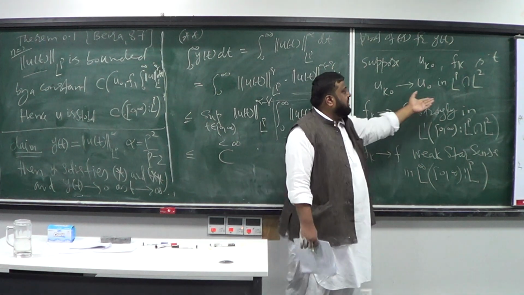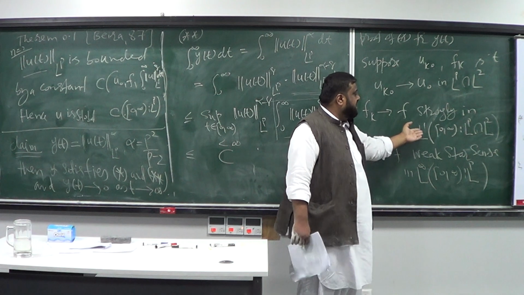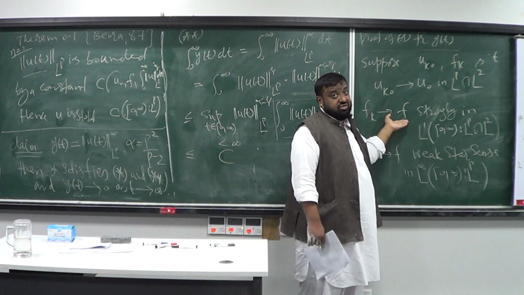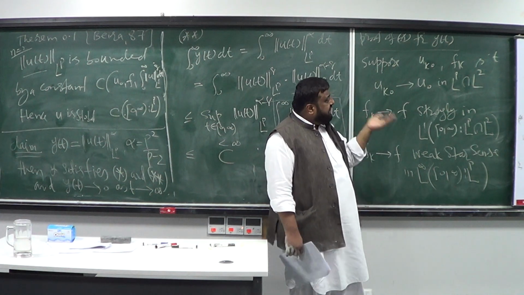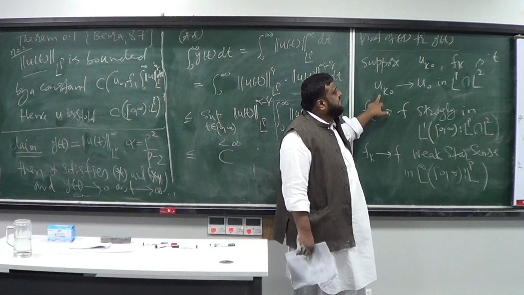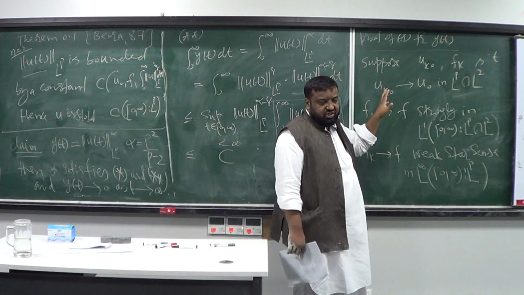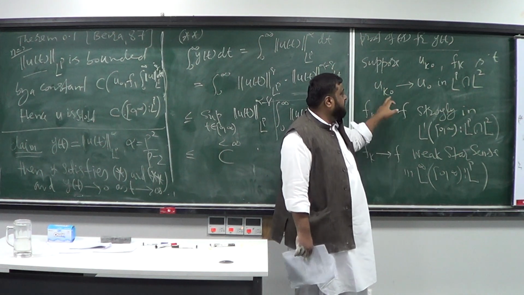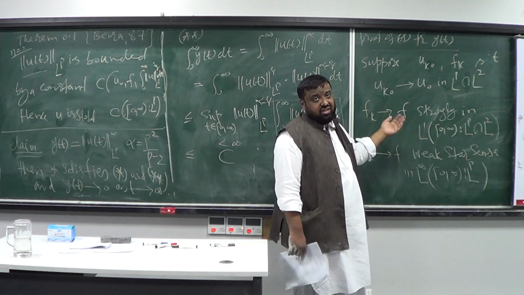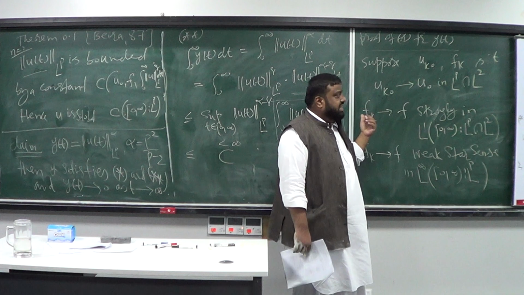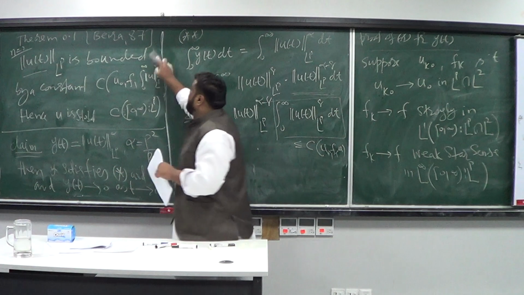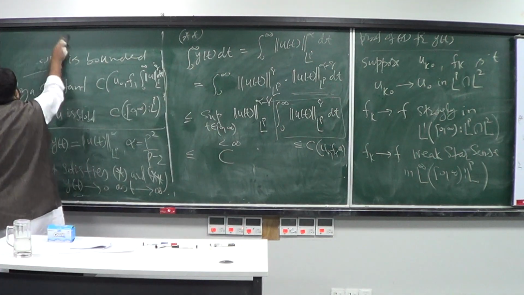I know about U naught that it sits here, and I know about F that it sits in these two spaces, so I can find such sequences that approximate F. So I need to take my Navier-Stokes equation, take the initial condition as U_k naught, and take the forcing vector as F_k instead of F. Then by the previous analysis there exists a unique solution for such a problem.